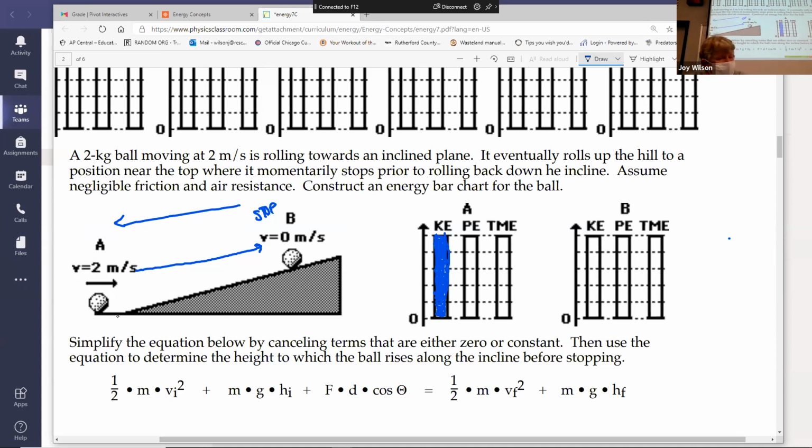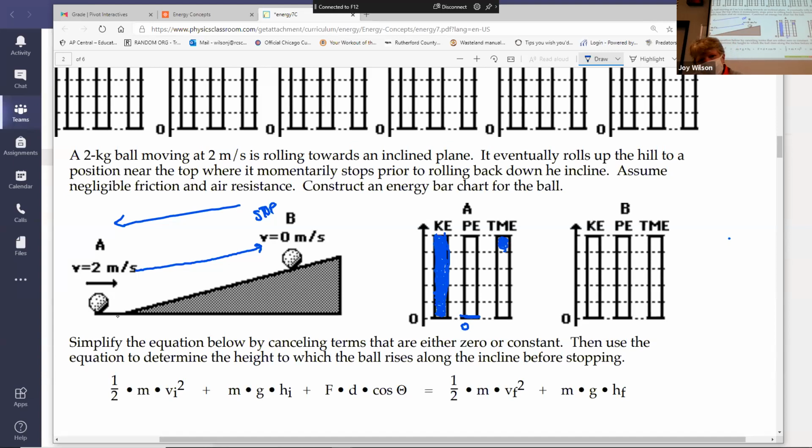There's my bar. Do I have potential energy at point A? I don't have any potential energy at point A because I'm on the ground. So there's 0 potential energy. So what is my total energy?